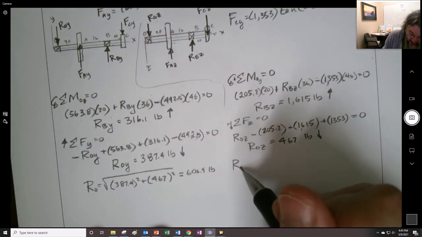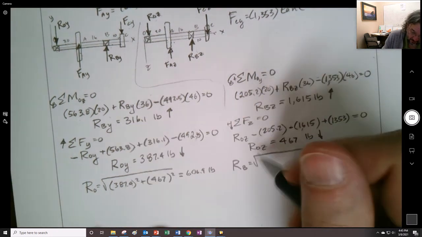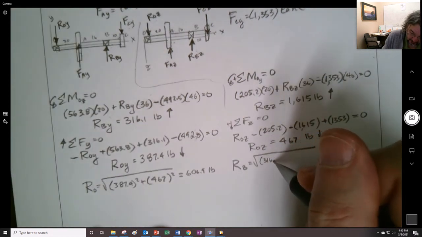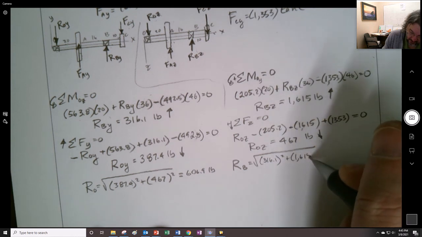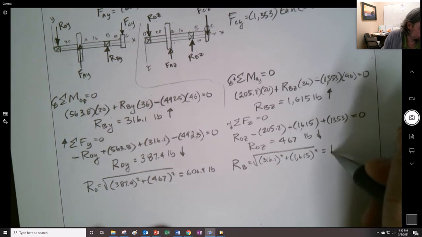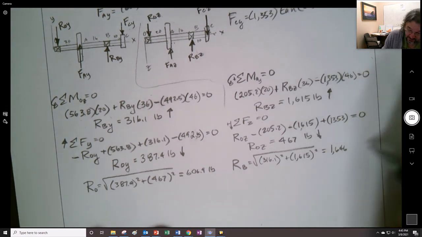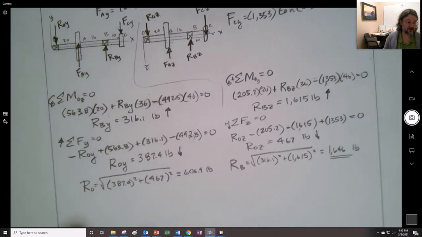Whereas we have RB, the square root of 316.1 squared and 1615 squared, I should say. And so 1,646 pounds. So this one is the larger of the two.